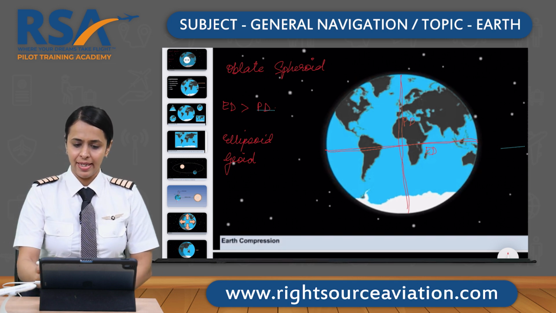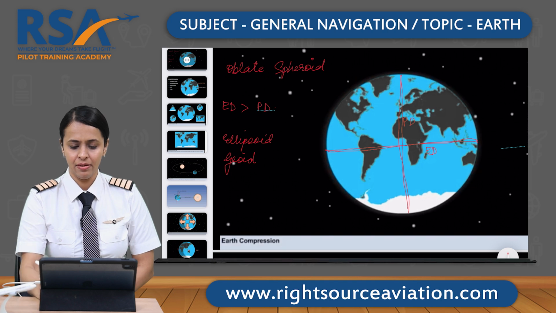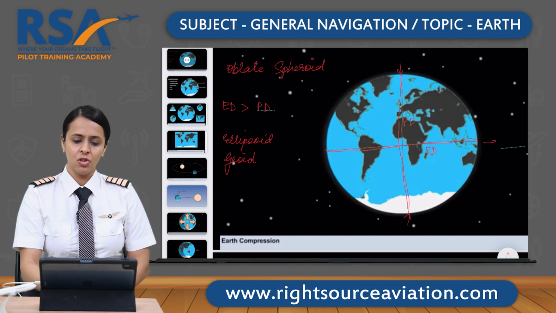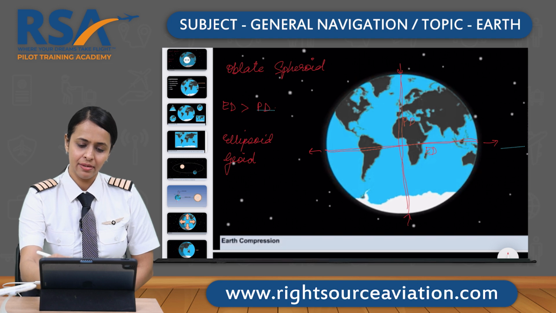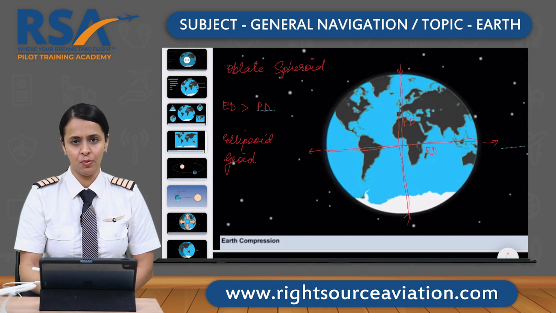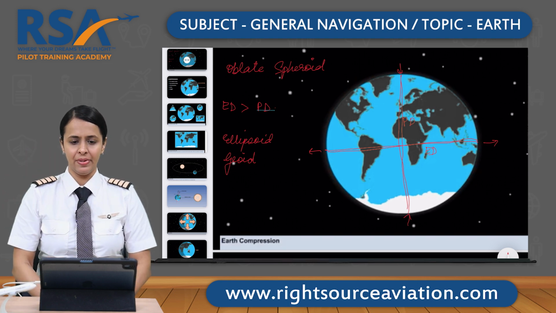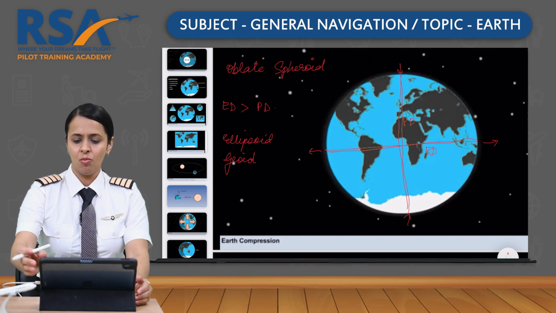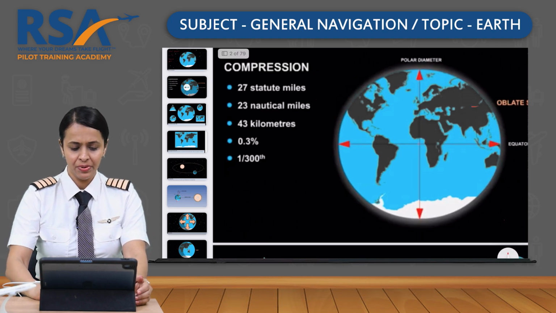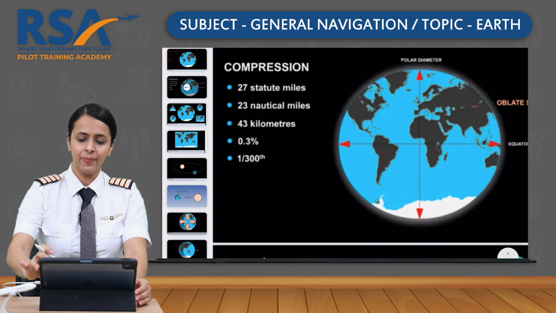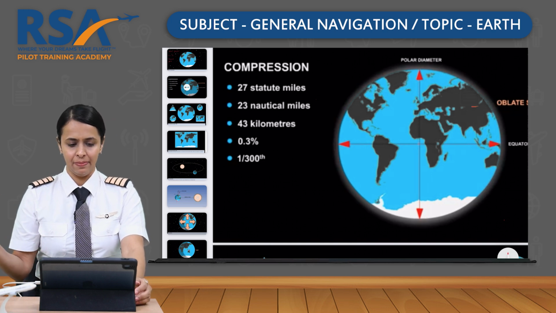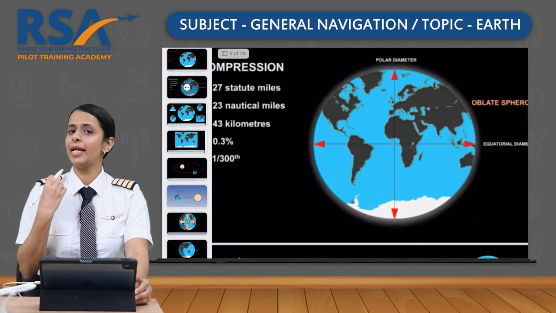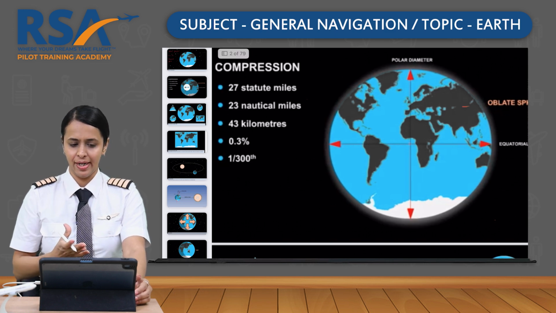Now as I said, it is flattened at the poles and bulging out at the equator. So I can also say that the Earth is compressed from the poles, and this is known as the compression of the Earth. What really is the compression is we compare the equatorial diameter to the polar diameter, and give it some values as to how much greater the equatorial diameter is than the polar diameter.